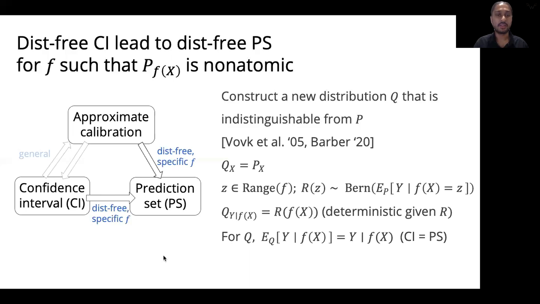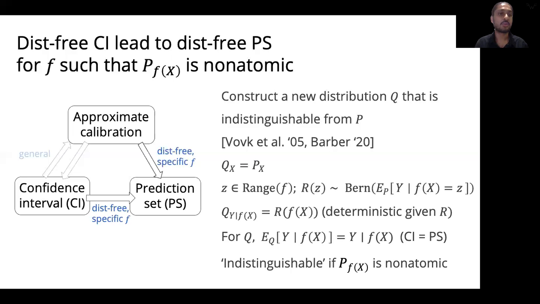And hence the next statement can be written for Q, which is that the expected value of Y given f(X) is actually equal to Y given f(X) deterministically. And hence confidence intervals and prediction sets for Q are exactly the same. However, it can be shown that Q is in fact indistinguishable from P if P_f(X) is non-atomic, which means that P_f(X) does not contain any atoms.